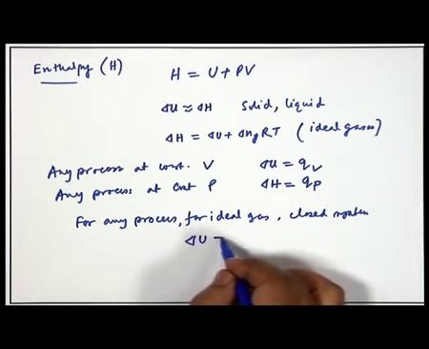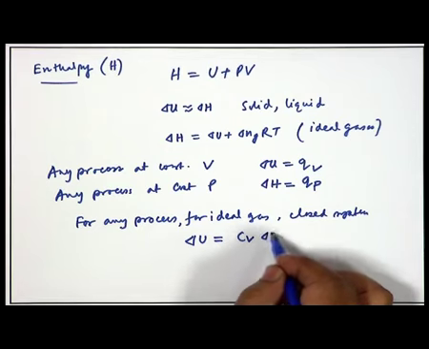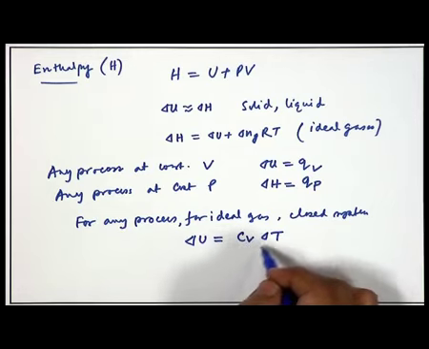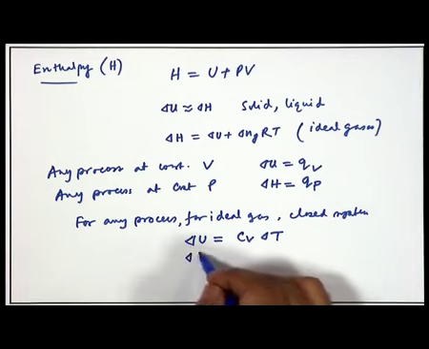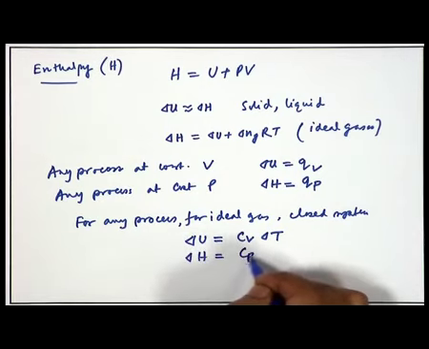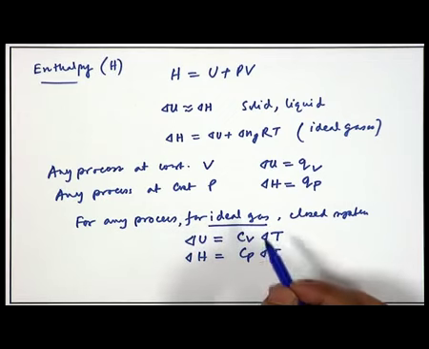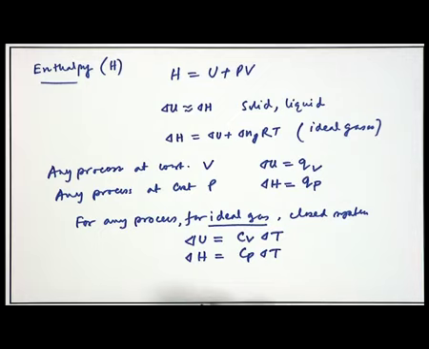del U is given by C_V del T. C_V is the heat capacity at constant volume, and for this course we are considering C_V independent of temperature, and del H is C_p del T. This is, again one more time, for ideal gas.